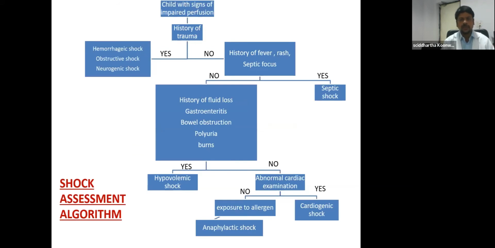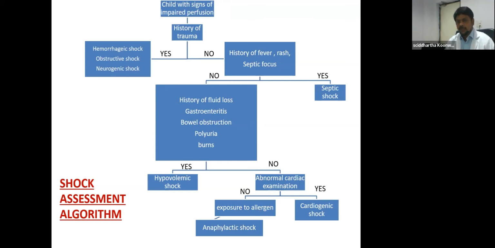Now, how do we assess a patient of shock? If any patient comes with signs of impaired perfusion, we ask the attendants about the history of trauma. If there is any history of trauma, then we suspect hemorrhagic shock, or the patient might have obstructive shock due to tension pneumothorax or cardiac tamponade, or the patient may have neurogenic shock, which could be due to spinal trauma.